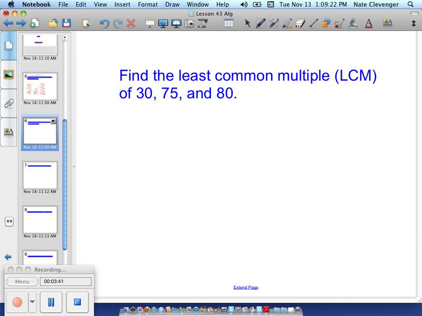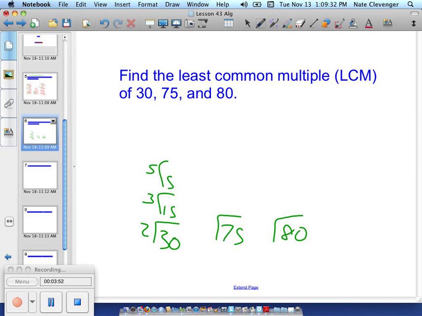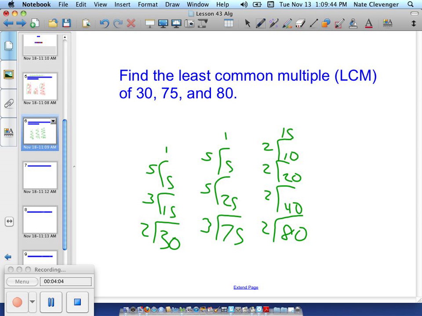Same, 30, 75, and 80. And we break each of those down. Okay, so then we just start. Locate the most 2's. Where are the most 2's at? 80. So I'm going to take those. Where is 3 seen the most times?